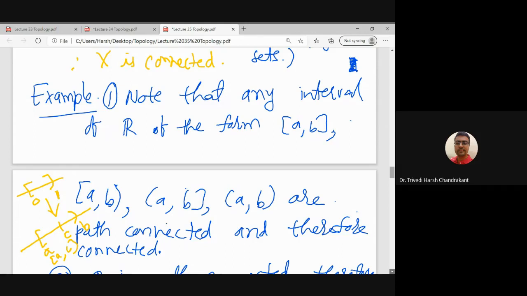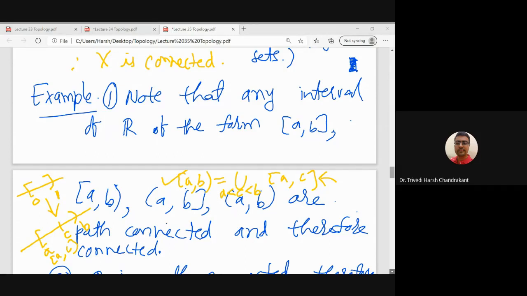So therefore I can write the interval as a union of [a,c] such that c is between a and b. Now these are all connected spaces with common endpoint a. So therefore its union is connected and therefore this set is connected.